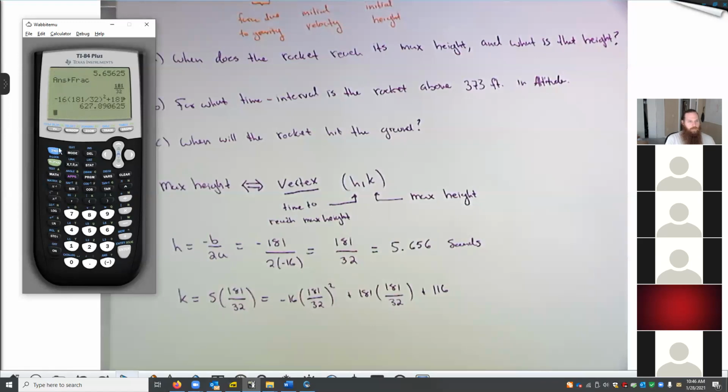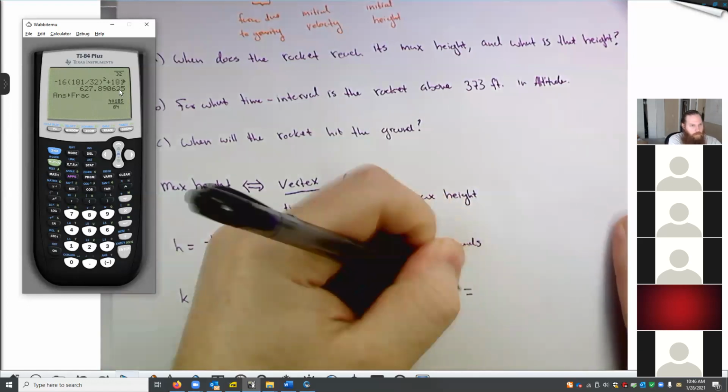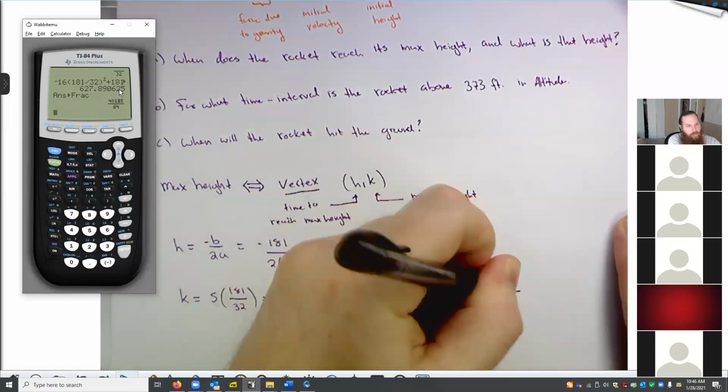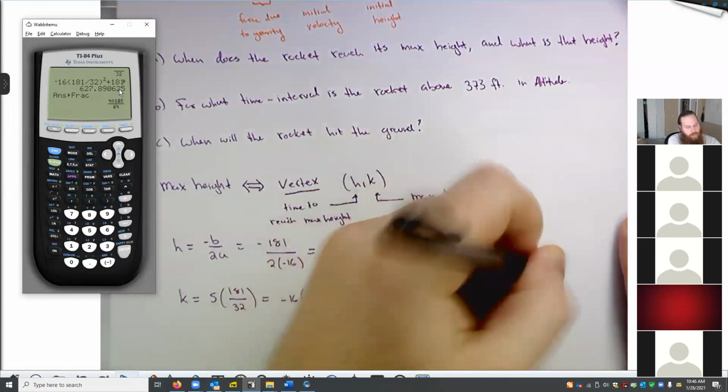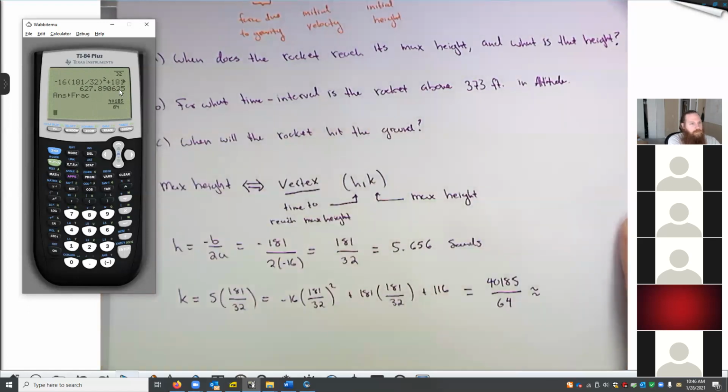And this is going to give me a decimal. I can ask for the fraction. Gnarly number, but we'll give both. So this is 40,185 divided by 64, or as a decimal, again, I'm going to round, 627.891.